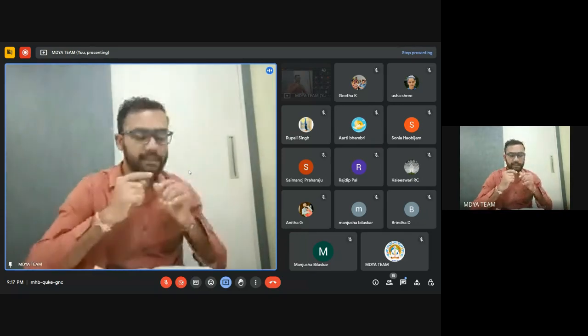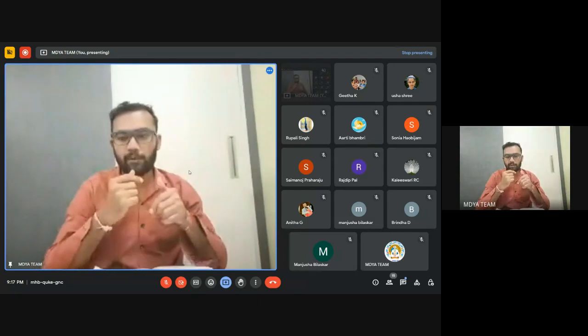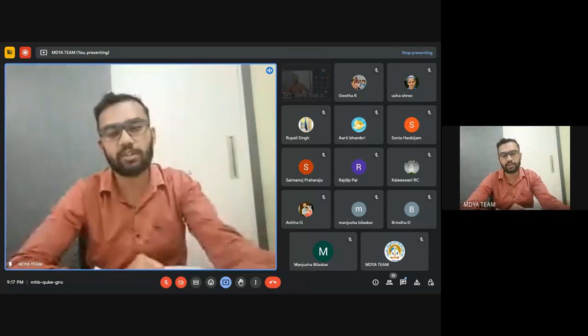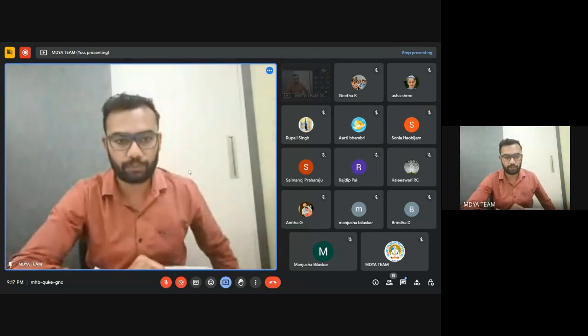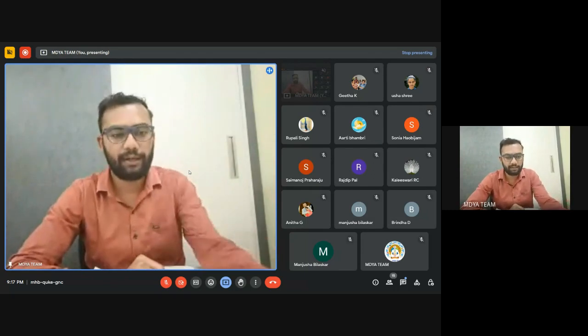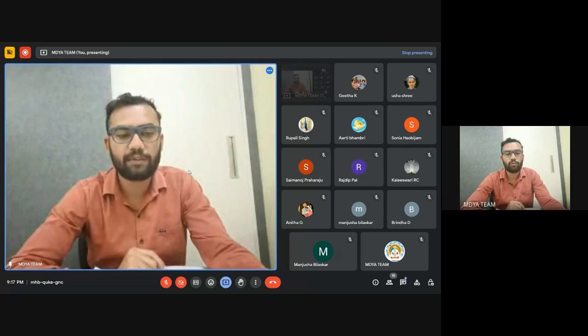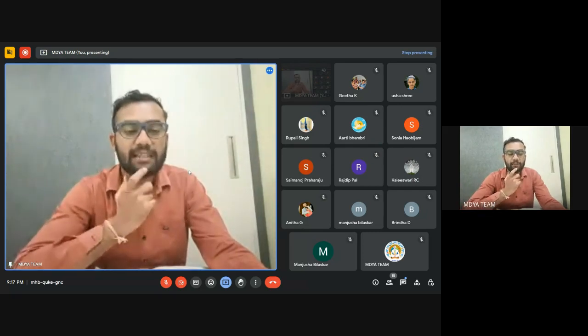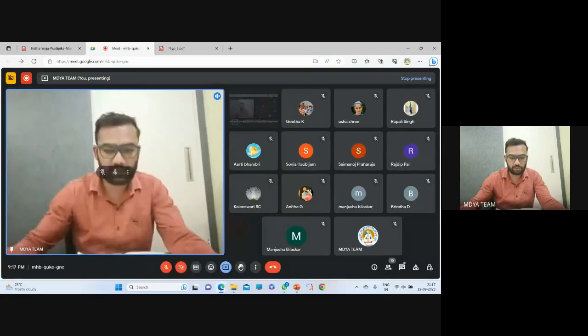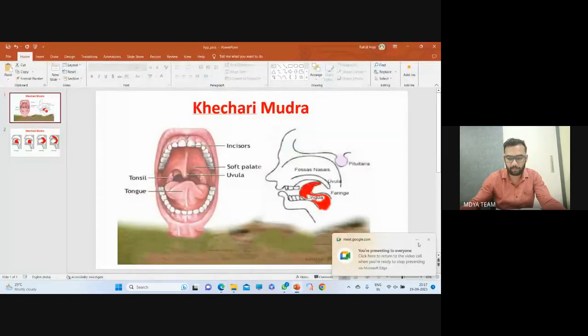It means we need to enhance the size of our tongue also. Here are two major concepts. One, when you see the bottom of the tongue in the picture, then you will get it properly.